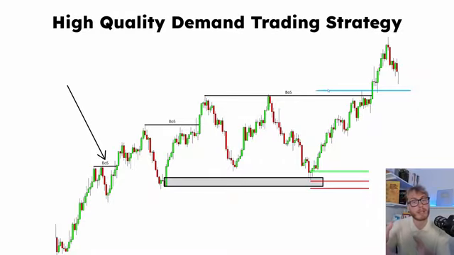As for your target level, many traders will actually take a target above the break of structure, because when we are in an uptrend, the bias is that the uptrend will continue, or in other words, causing yet another break of structure. But what I like to do here is to actually take the target just below the high. And why do I do this?